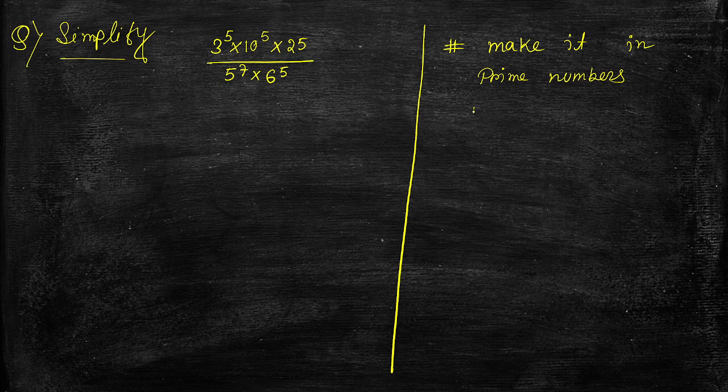Like if they are saying 10 to the power 5, write 10 as a product of two prime numbers. So 10 to the power 5 we can write as 5 into 2 to the power 5, that means 5 to the power 5 into 2 to the power 5.